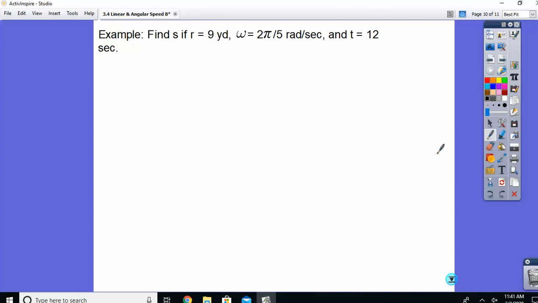S equals R theta or V equals S over T? Okay. So in order to use this, I'm going to have to first find my theta. Looking at my formula options, what could I do? We have an omega, we have a time, so we could use omega equals theta over t.